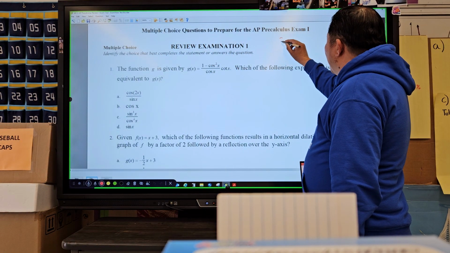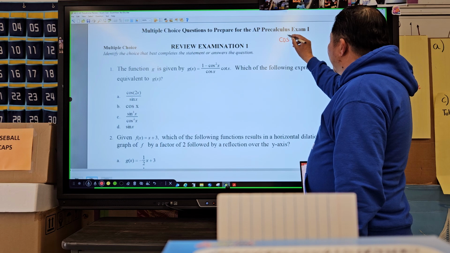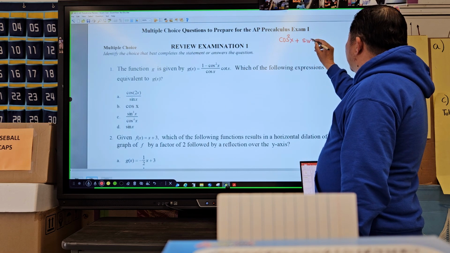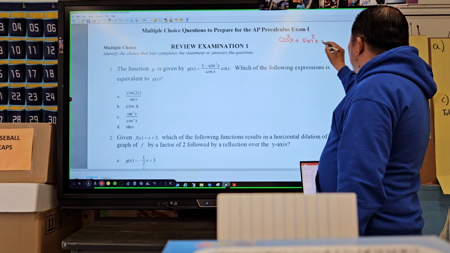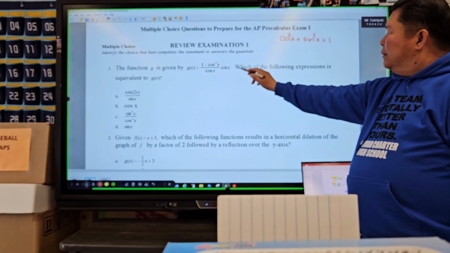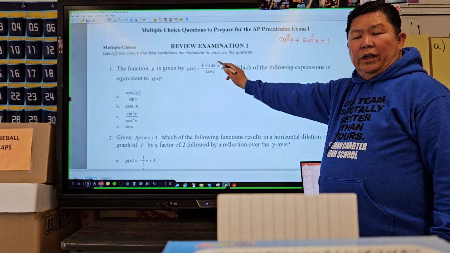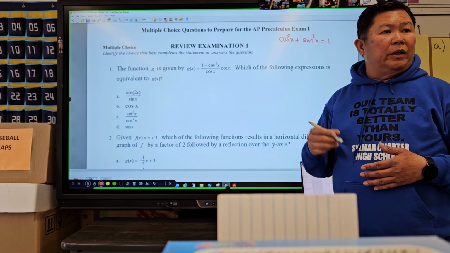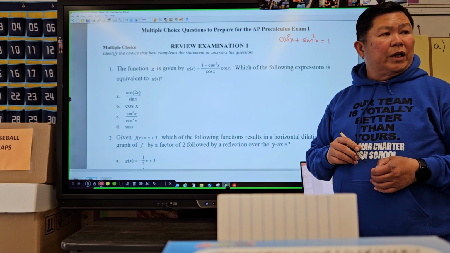so always remember that cosine square x plus sine square x is equal to 1. But look at the numerator, it's gonna be 1 minus cosine square x. That means we are subtracting both sides by cosine square x.